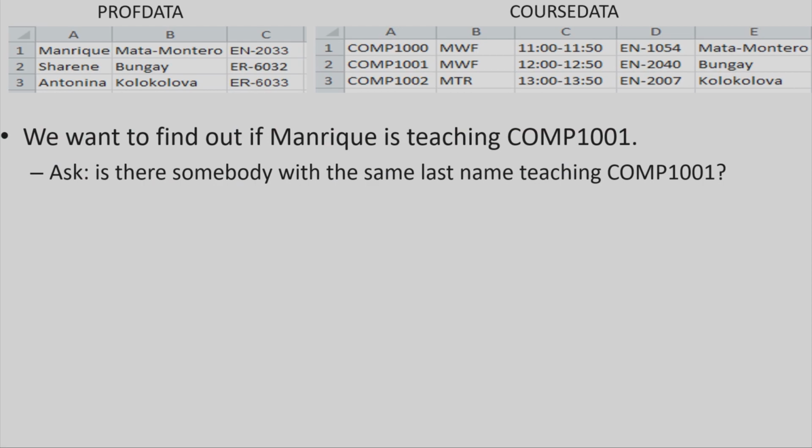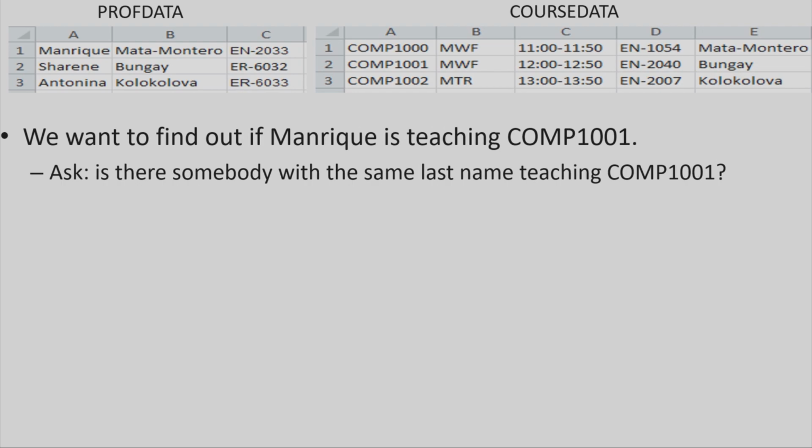So first of all, notice that if we had Manrik's last name, we could almost immediately ask the query to course data. And the way we would ask it would be something like this. Is there some field with COMP1000 in the first column, something in the second, something in the third, something in the fourth, and the last name of Manrik, Matamantera, in the last column.